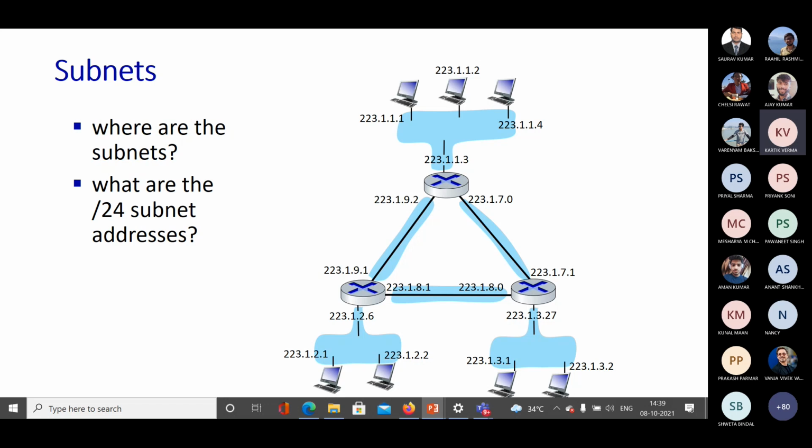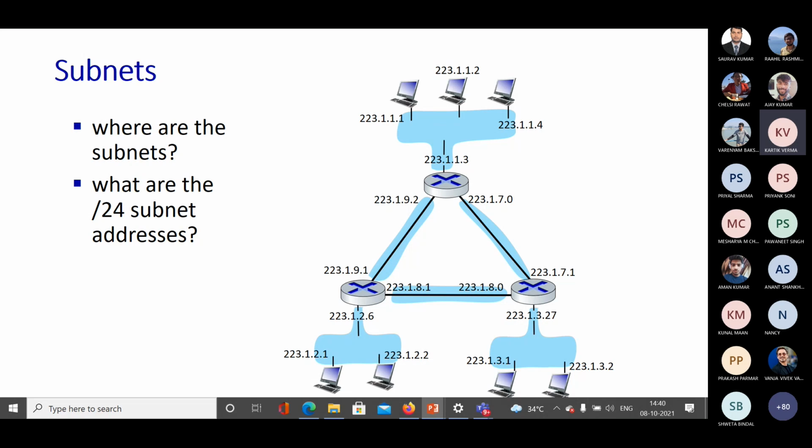Because they have interfaces of their own and they are all connected to each other? Yes, as per the definition, that is true. They can be the core network hosts, but still they are systems. They have interfaces, and these interfaces are connected to each other. If there is no router in between and they are connected, then that becomes a subnet, isn't it? Yes, ma'am. Okay, so how many subnets are there?